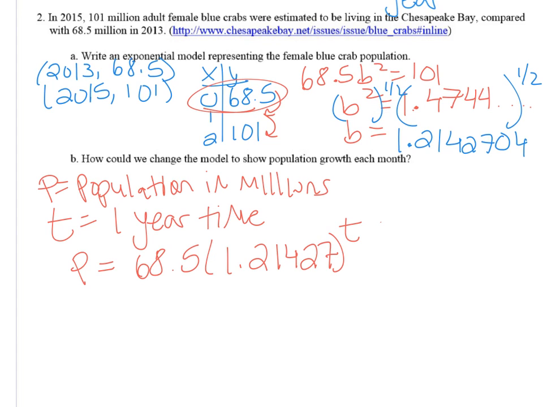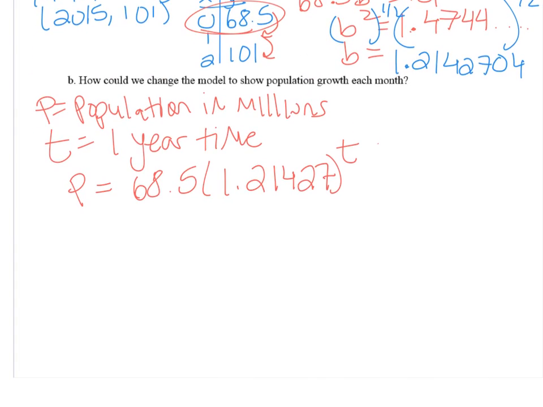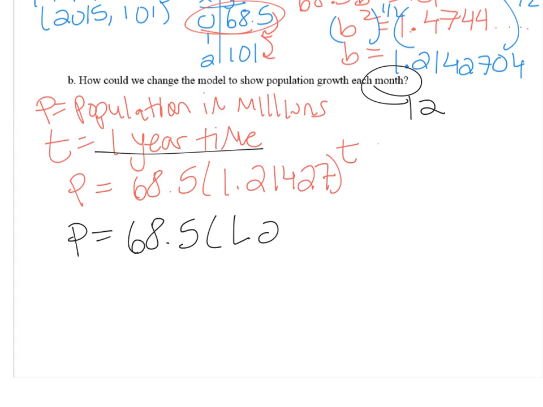So now to do part B, where we're going to change that to each month, there are 12 months in the 1 year. So I'm going to change my equation. Then in my calculator, I'm going to take that decimal to the 1/12.